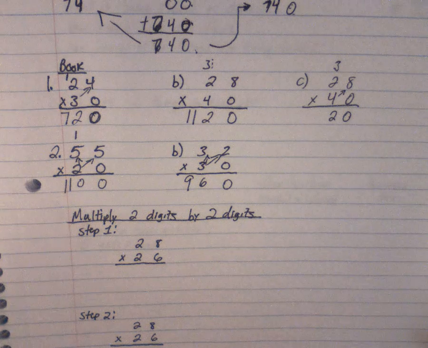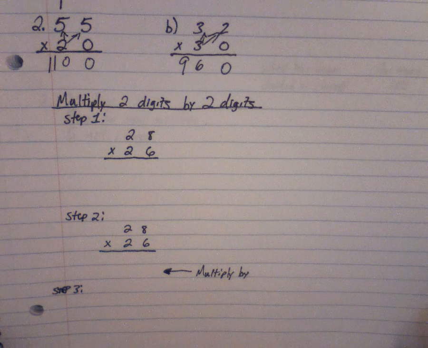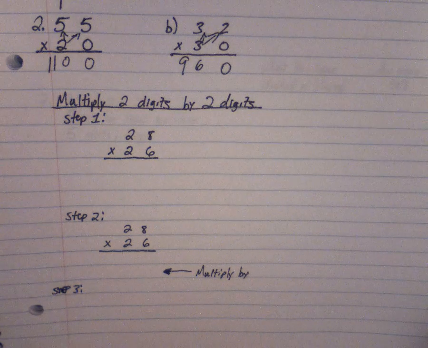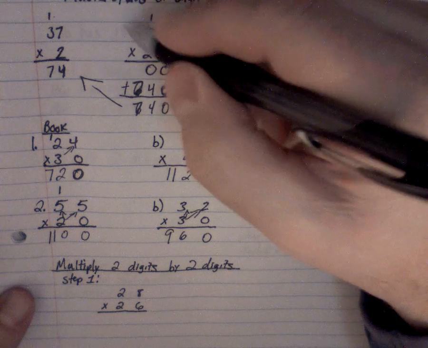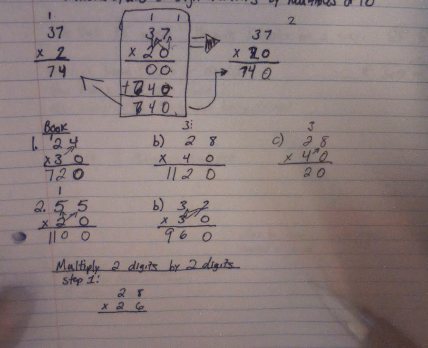Okay. Now here's where it's going to get interesting, because we're going to be doing multiplication 2 digits by 2 digits. Okay, now again, when I showed you method number 1 above, right here, and I went through, notice how long this was.